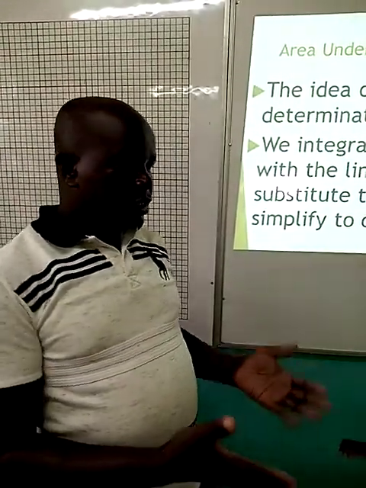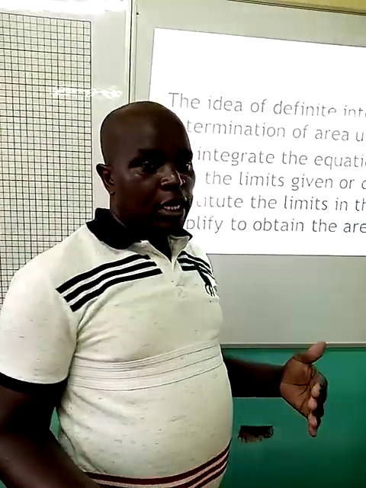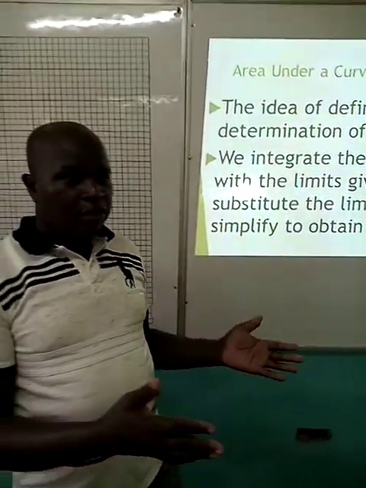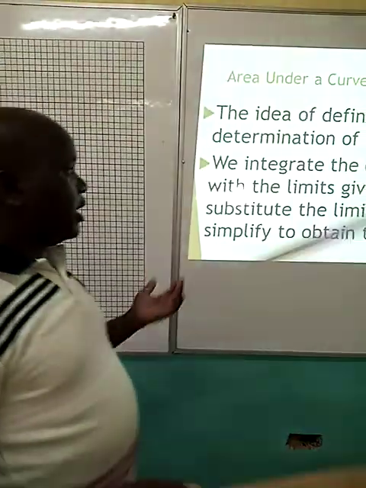We must be told to get the area but from this point to this point. That brings in the aspect of definite integration. And that means that the bulk of the work we are going to do here is simply definite integration, only that now it is specific to the determination of area under a curve.